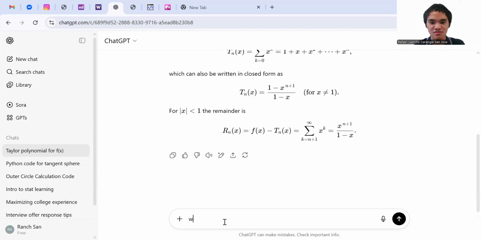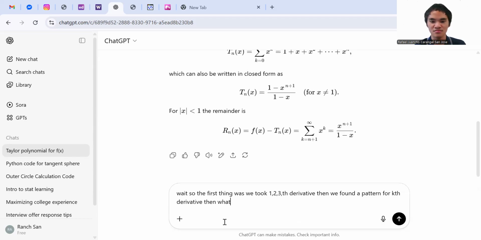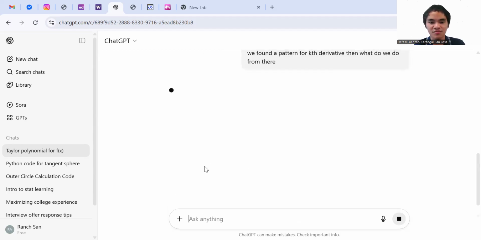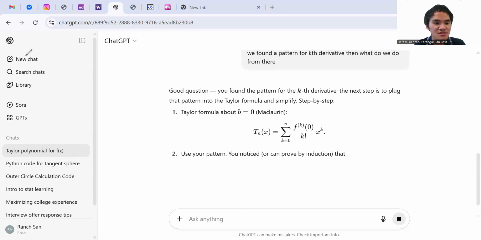So the first thing we took, we took one, two, three, each derivative for some k-th derivative. Yeah, and then I'm gonna ask it what do we do from there? Oh, you could annotate here? That's crazy.